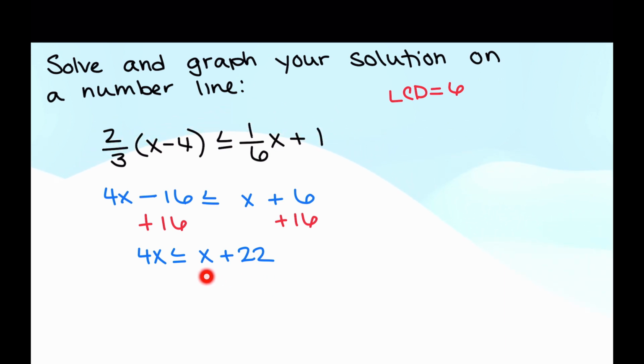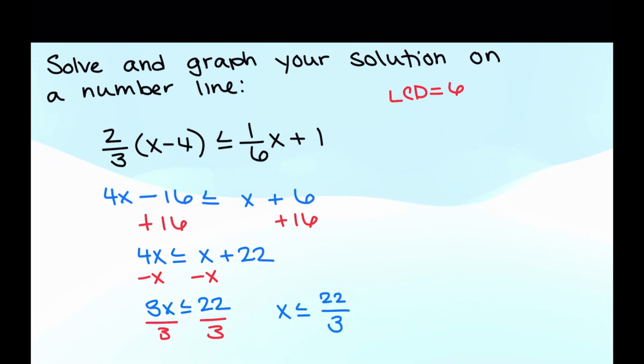If I want the x's on the left, I'm going to minus 1x from both sides. 4x minus 1x is 3x, less than or equal to 22. Finally, divide both sides by 3. X is less than or equal to 22/3. Notice I divided by a positive number, so the direction of the inequality didn't change.